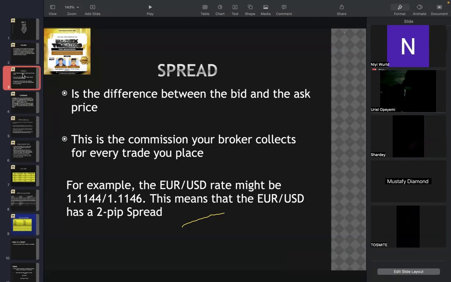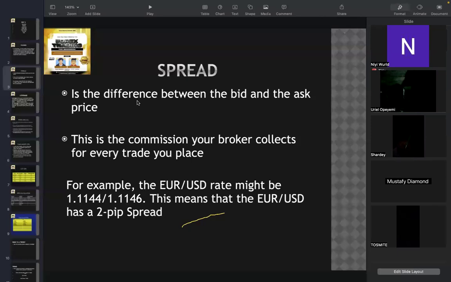There will be some little gap. Why? Because that will be the commission. I told you yesterday, your broker is like a middleman to you. So they come in to get some money from you. On every trade you take, whether you take a loss or a profit, they will always take their own commission for every trade you placed.